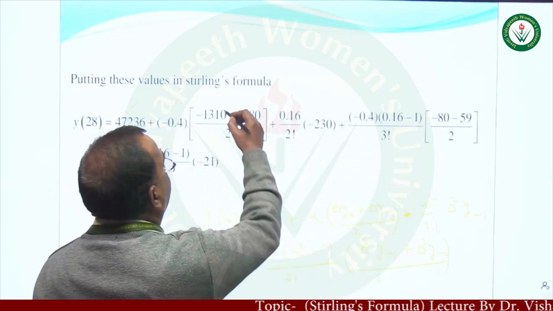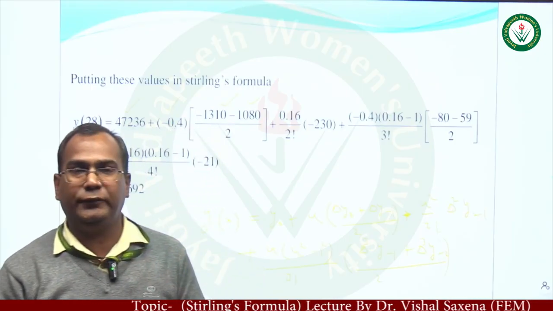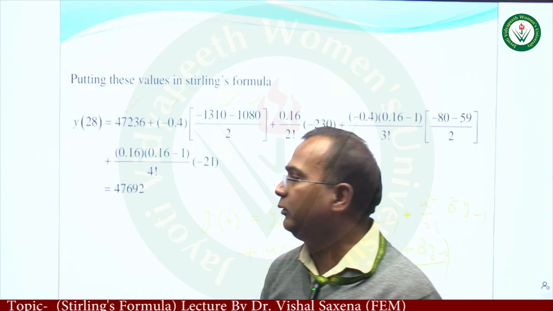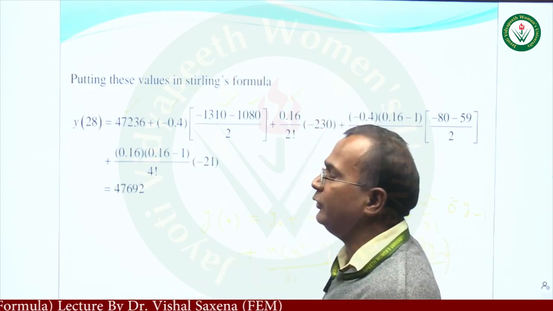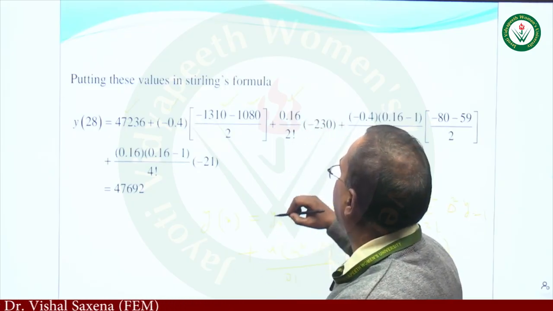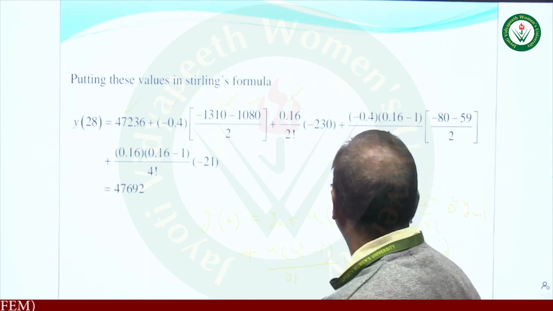So these are the values we have used from our difference table, and then which term will come there? It is u square upon factorial 2, because u is minus 0.4, and then del square y minus 1.